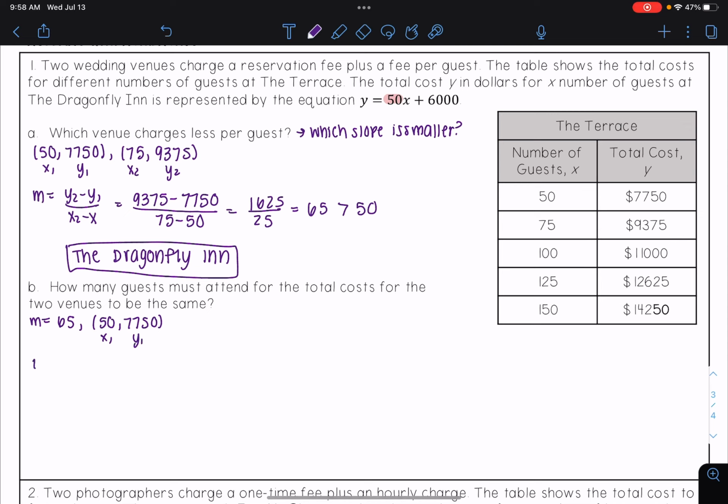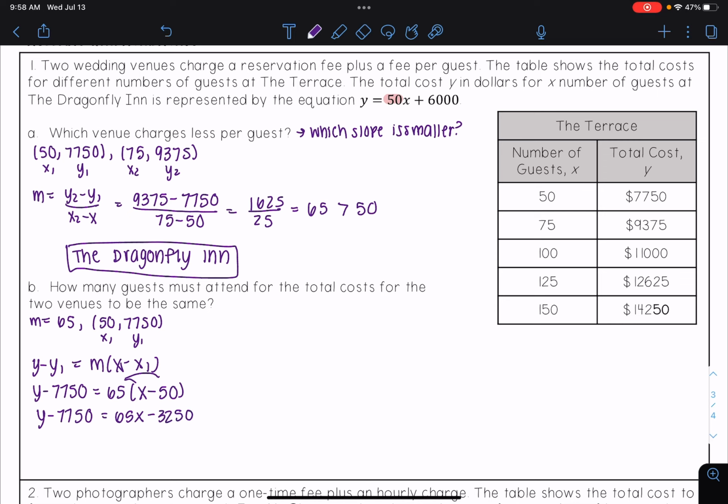And so I can use my point slope formula. So y minus y1 is equal to m times x minus x1. So I have y minus 77.50 is equal to 0.65 times x minus 50. So I do 0.65 times x to get 0.65x. And then when I do 0.65 times 50, I get 32.50.